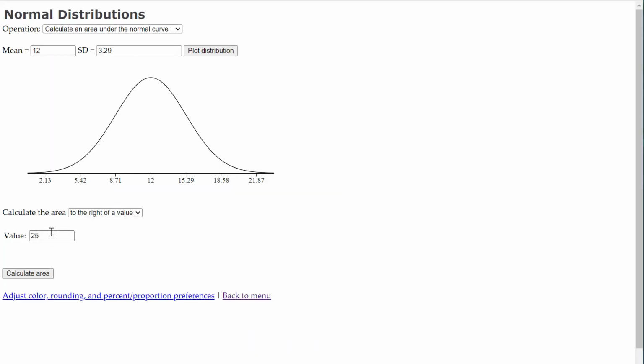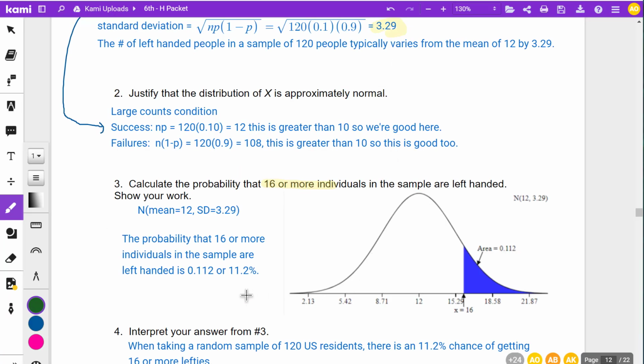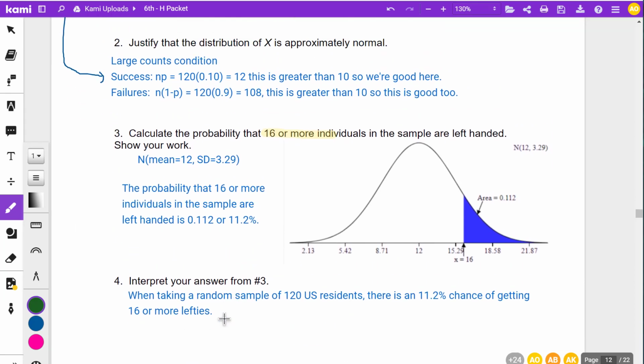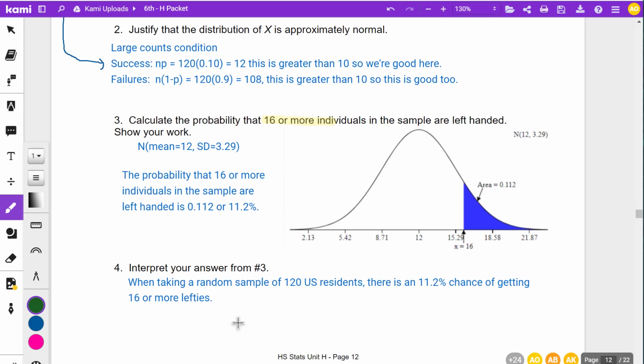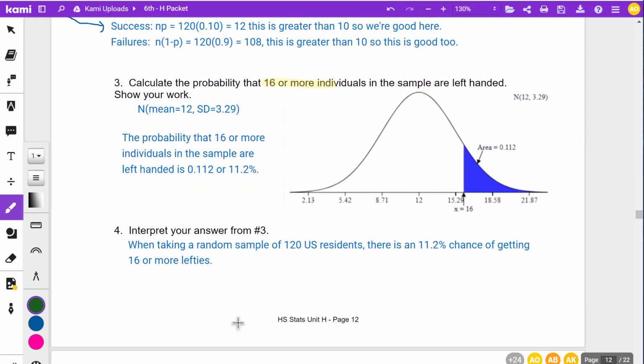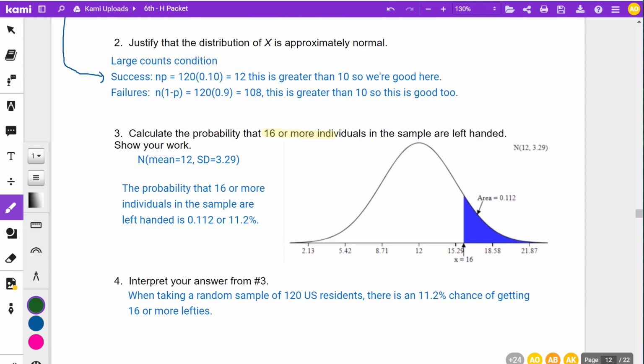So to the right of 16, calculate your area, and you get 0.112. All right. So 0.112 or 11.2%. Then interpret your answer from number 3. When taking a random sample of 120 residents, there is an 11.2% chance of getting 16 or more lefties. So that is part 1 of Is This a Fair Coin?